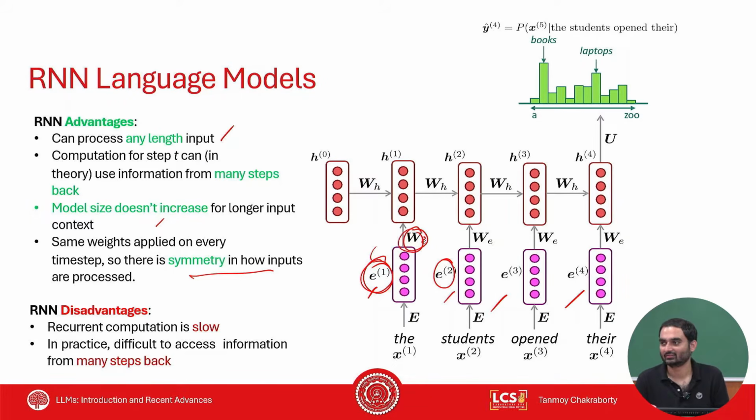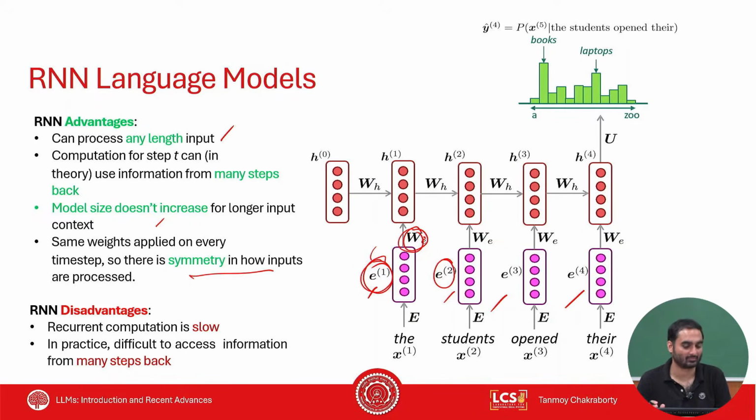What are the disadvantages? The first disadvantage is that this is slow. Why? Because this is a sequence model. To compute the hidden state at the Tth time, you need to compute all the previous hidden states, right?